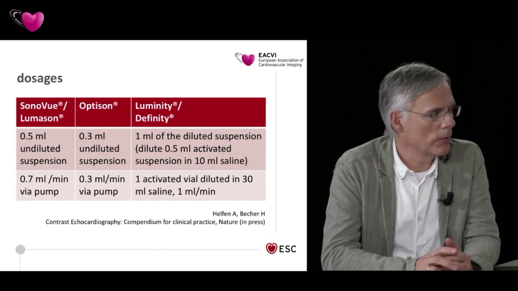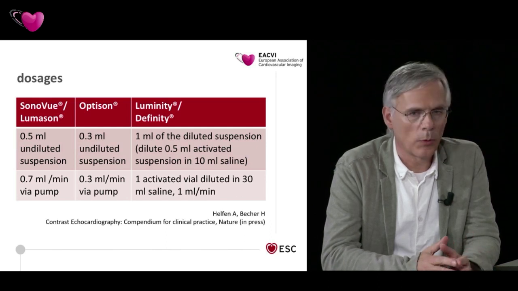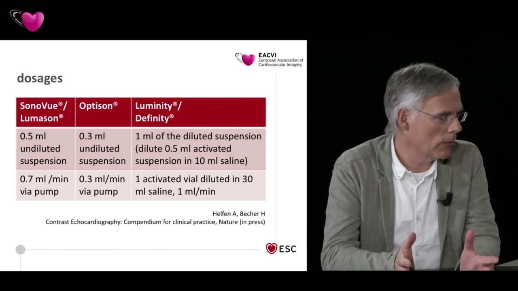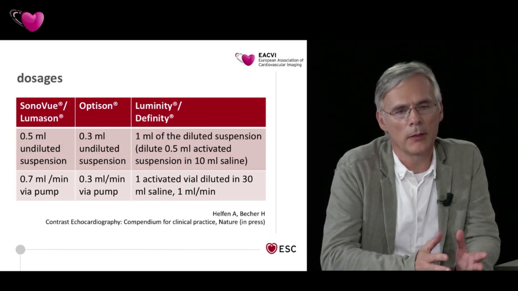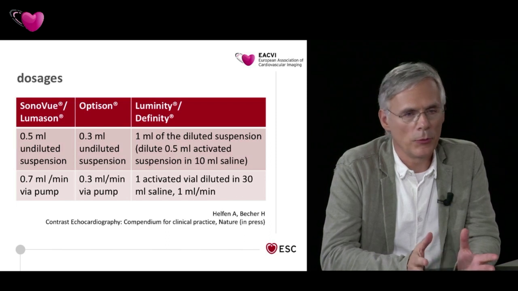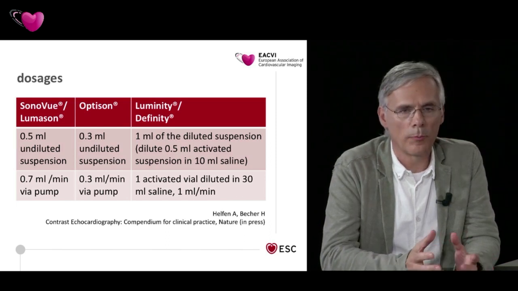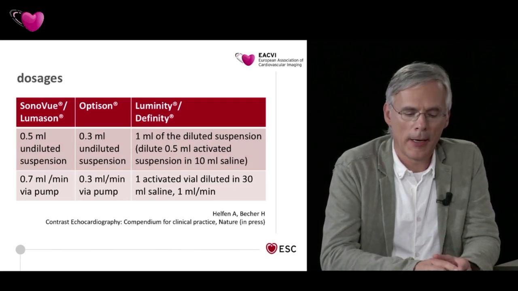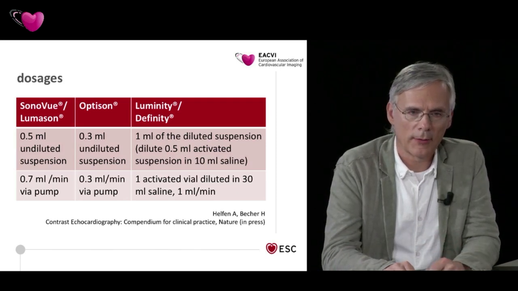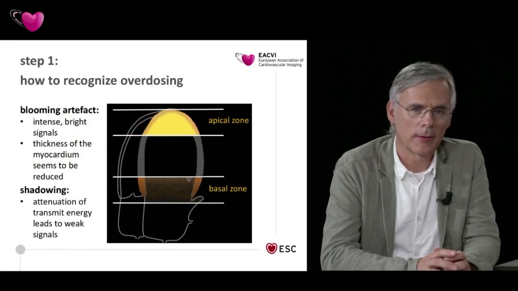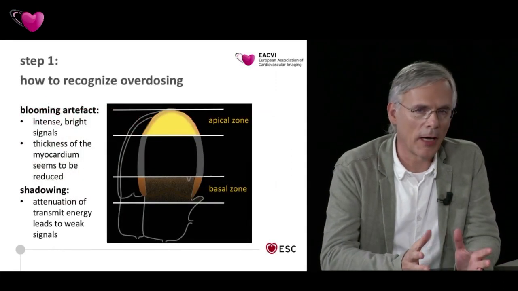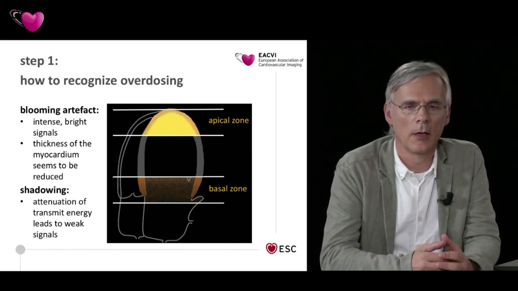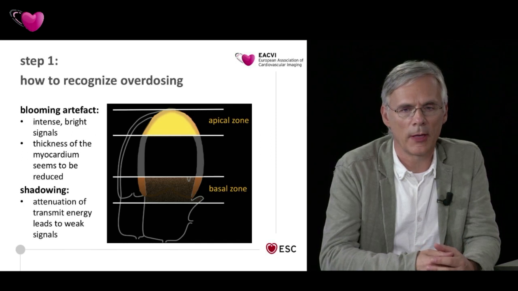We very often use an infusion pump for this, but infusion pumps are not available in all echo labs, so probably most labs use a bolus followed by saline to flush the line. What results is some kind of overdosing in the very initial phase when the contrast fills the left ventricle.